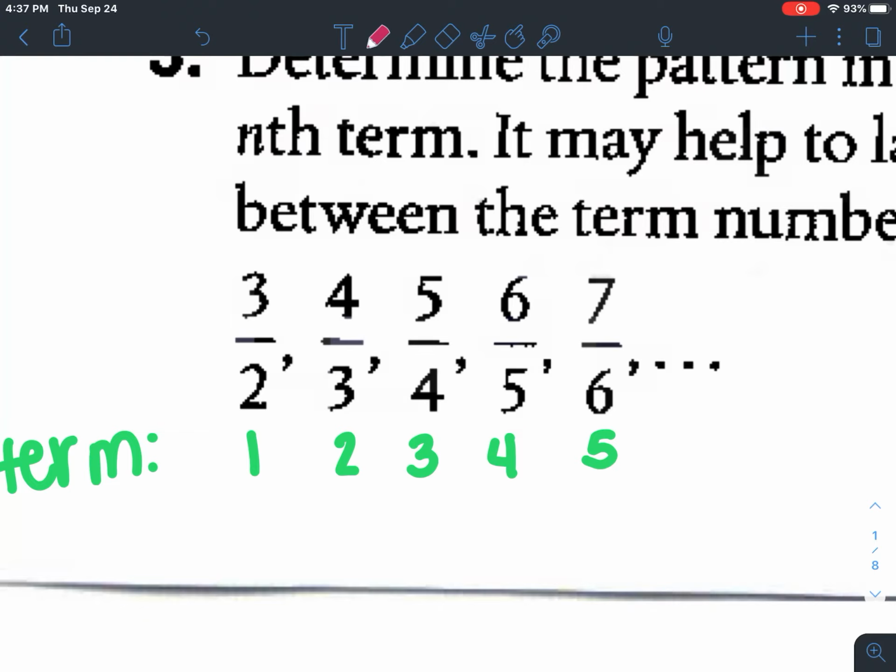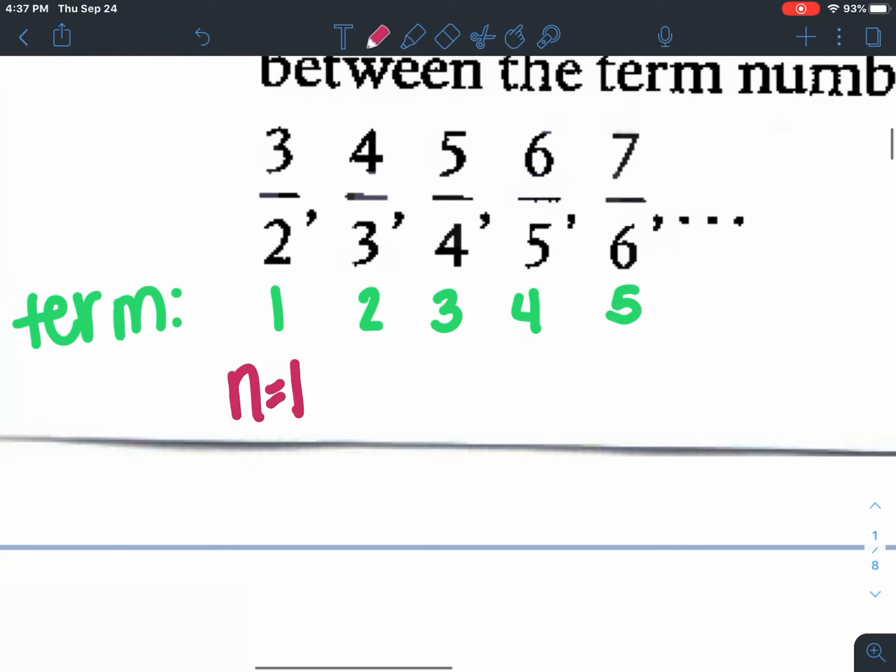So for the first term, this is n equals 1. Okay, so n plus 1 gives us 2. And n plus 2 gives us 3. 1 plus 1 equals 2. 1 plus 2 gives us 3.